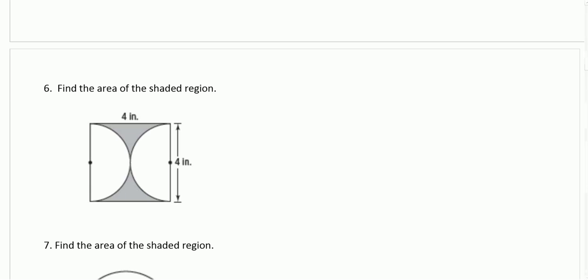Number 6, we have a square 4 by 4, and the area of that square is 4 times 4, which is 16 square inches. And then we have two semicircles that make a full circle. And so the area of that full circle is pi r squared. R is half the diameter.